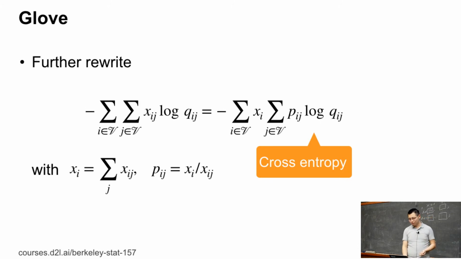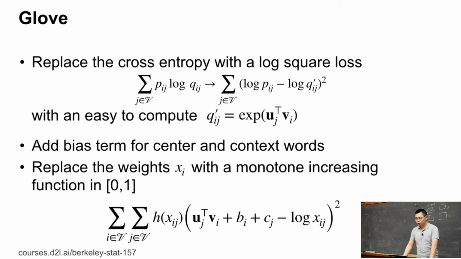GloVe makes three changes. The first is that it replaces the cross entropy with a log square loss function, so log p_ij minus log q_ij, squared. We change the loss function, and we make q_ij not a probability but just the exponential, removing the denominator, which makes it easy to compute.